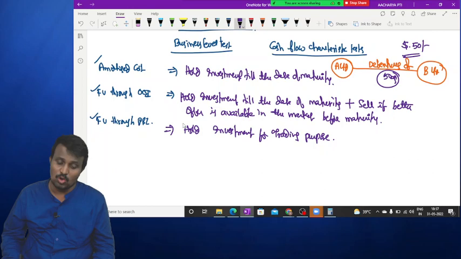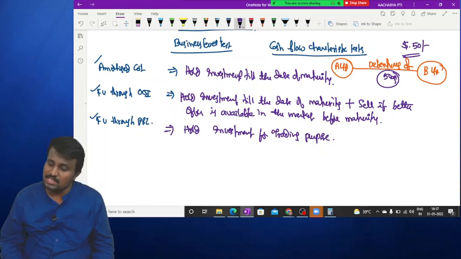So these are the three methods available for recognizing the debt investment in case of financial assets: amortized cost, fair value through OCI, meaning other comprehensive income, and fair value through profit and loss account.